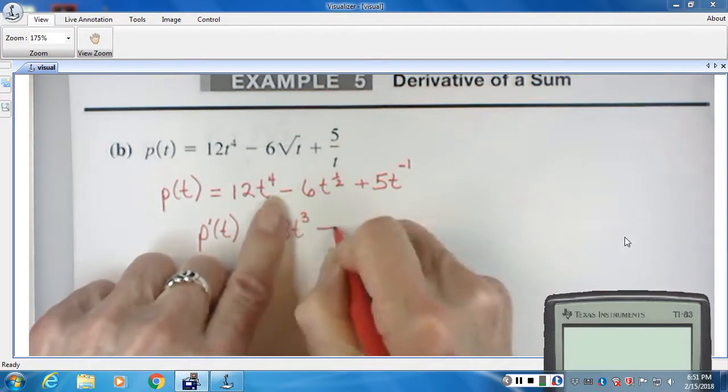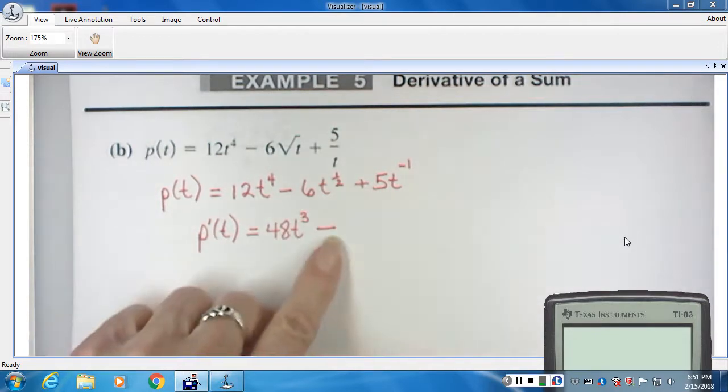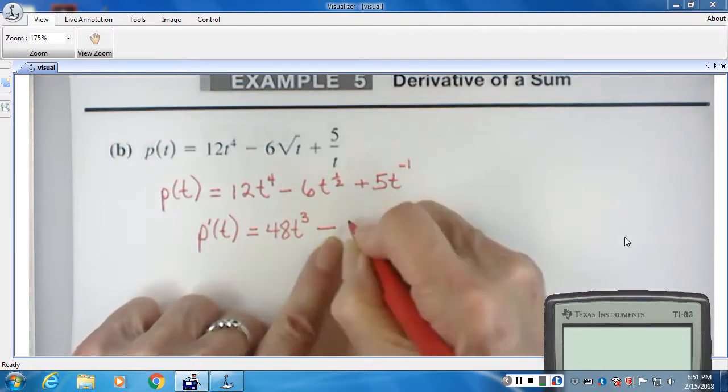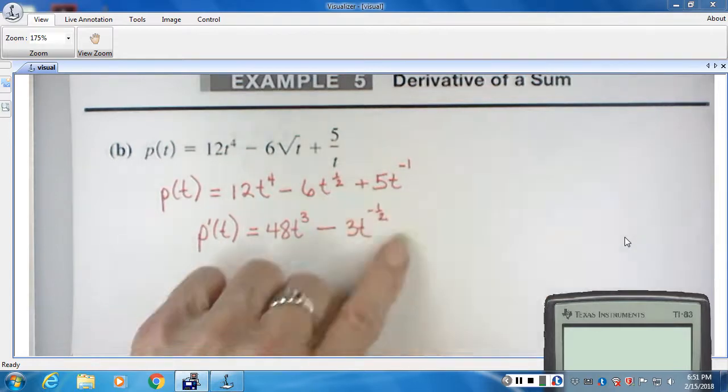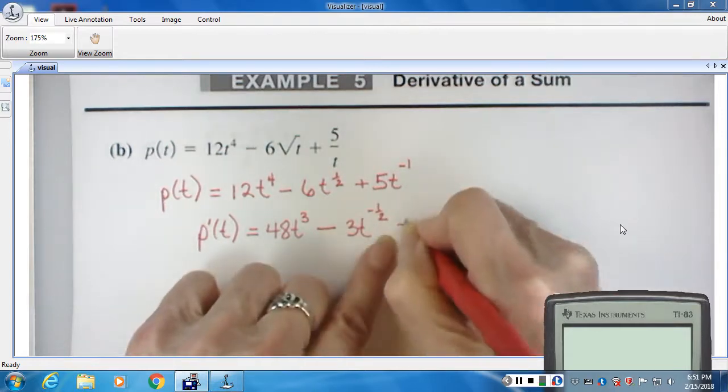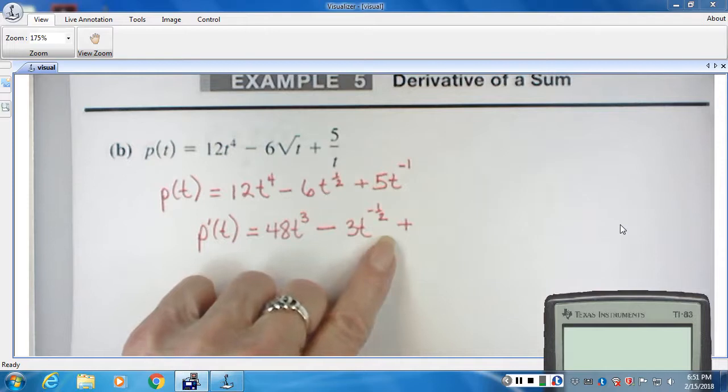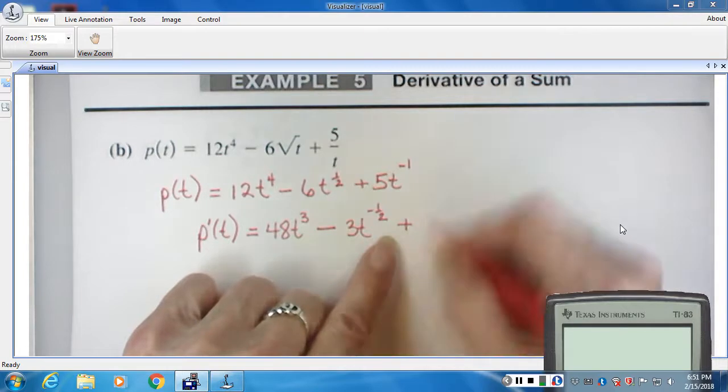So minus, what's the derivative of 6t to the 1/2? Okay, 3t to the negative 1/2. And then the next operator is addition, so I'll add. And the derivative of 5t to the negative 1 is negative 5t to the negative 2.